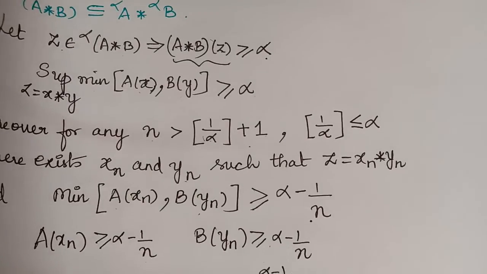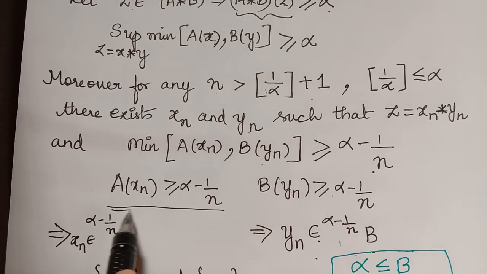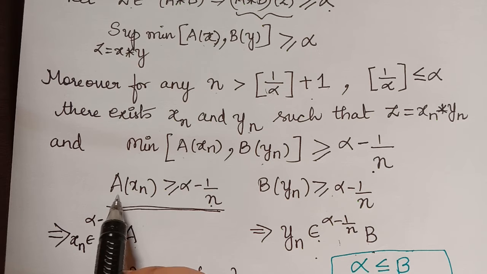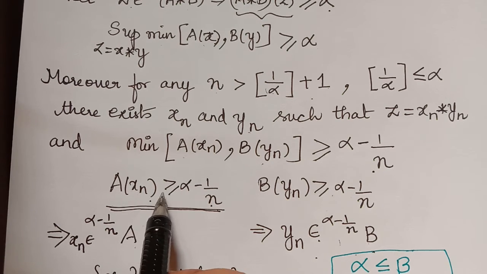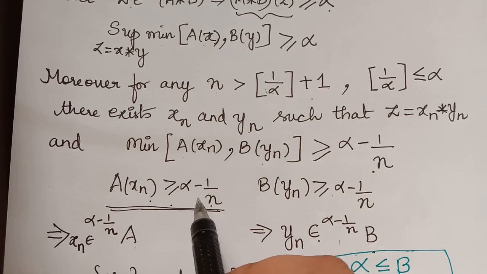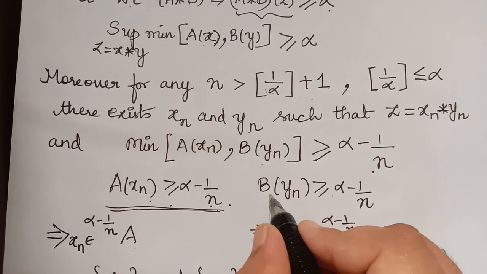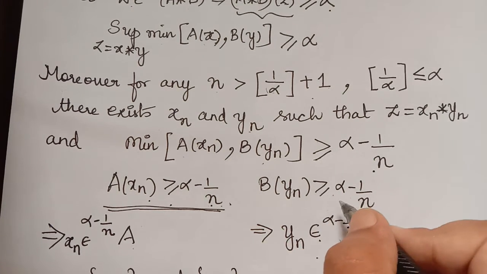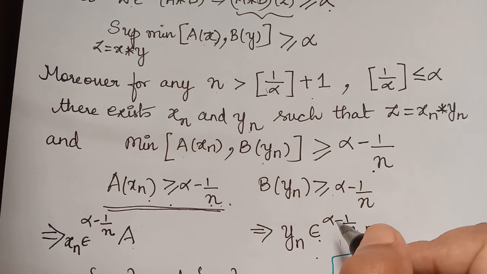Also by using this, we know that here we have a of xn is greater than or equal to alpha minus 1 by n. So by using this we can say that a of x n comma I comma j will be greater than or equal to alpha minus 1 by n comma I comma j. And here b of y n comma I comma j will be greater than or equal to alpha minus 1 by n comma I comma j. So let me write that.